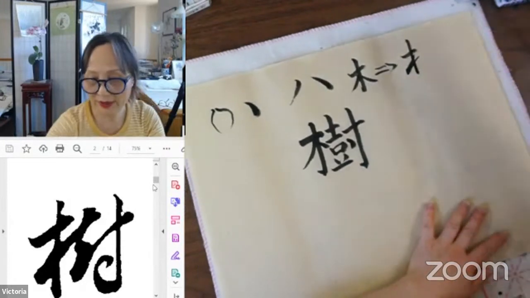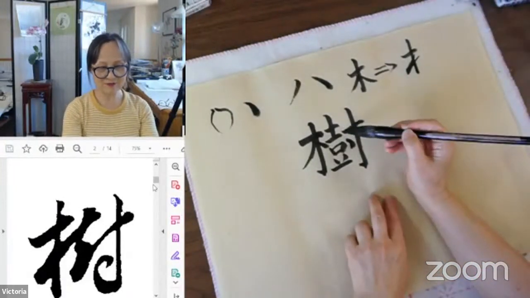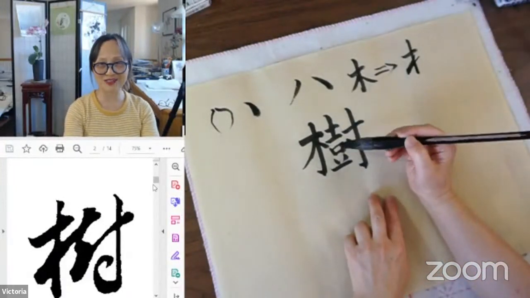Okay, let's do the walking. And for the center, this is very complicated. Lots of strokes here.